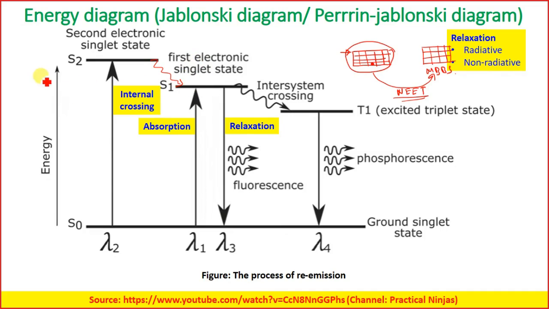Say for example, over here you have an energy of 100, but at S2 you have an energy of 120. So when you want to come from 120 to 100, you have to lose this 20. So how will you lose? You have to lose those 20 packets of energy so that you can come over here.